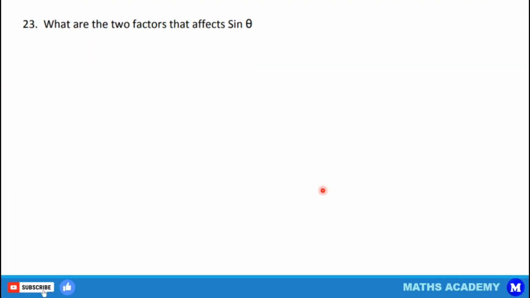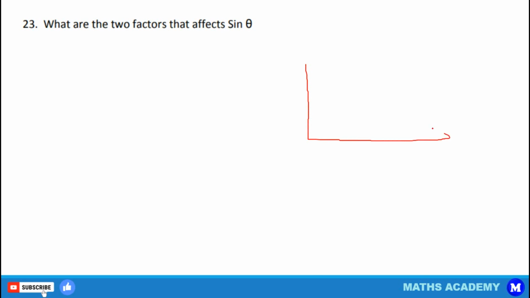Question number 23. It says, what are the 2 factors that affect sin theta? This you might have learnt in the trigonometry lesson. There are 2 factors that affect sin theta, that is the opposite side of a triangle and the hypotenuse side.